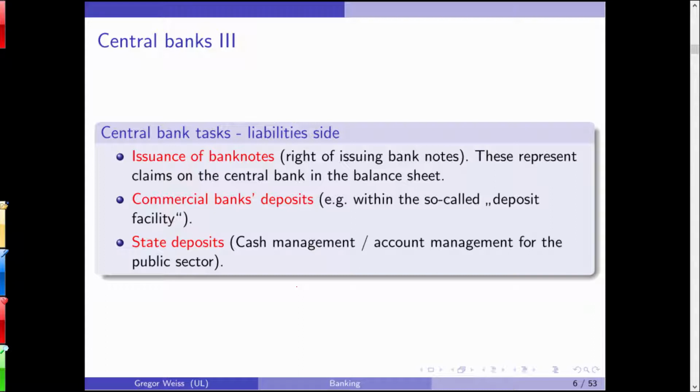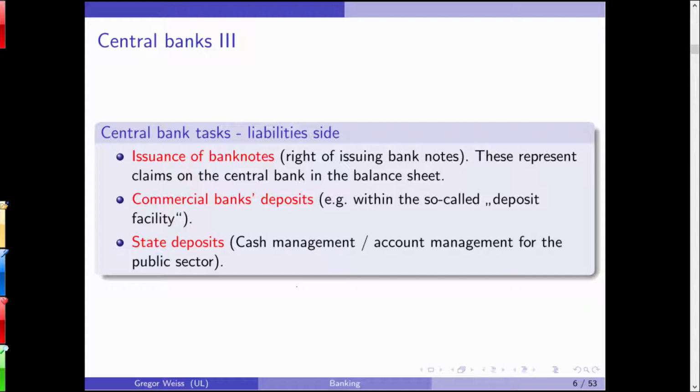So the banknote actually tells you that this is a claim against the Bank of England. So you know that paper money is something you can demand to be paid out by the central bank. And historically, these paper money banknotes were, of course, a claim for gold against the central bank.